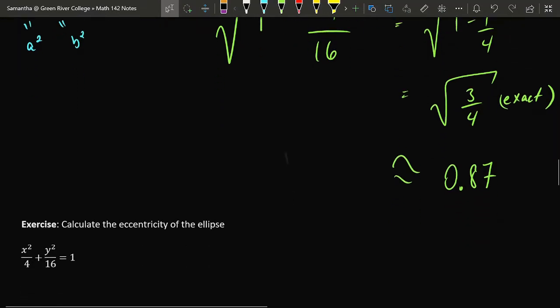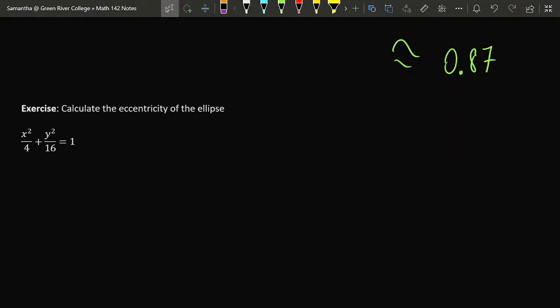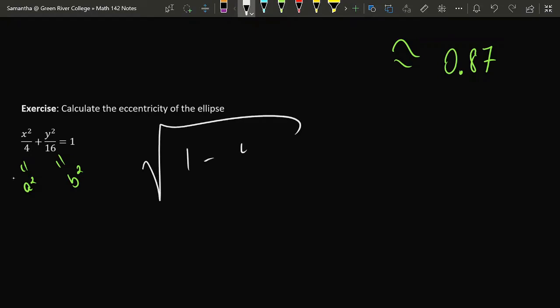Now suppose that I swapped the values of a squared and b squared. This time a squared is 4 and b squared is 16. Because b squared is the larger number, I have to use the formula that has b squared in the denominator and a squared in the numerator.